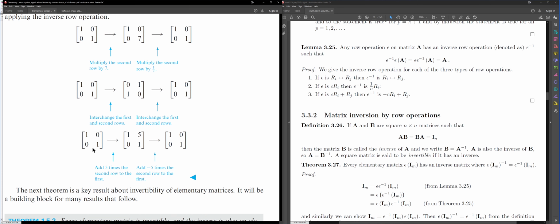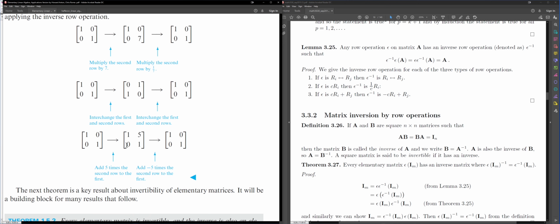Going from here to here, what you're doing is adding 5 times row 2 to row 1. So 5 times the second row plus the first row, so this is 5 row 2 plus row 1. And if you want to get back to your original matrix, what you do is minus 5 times row 2 plus row 1.